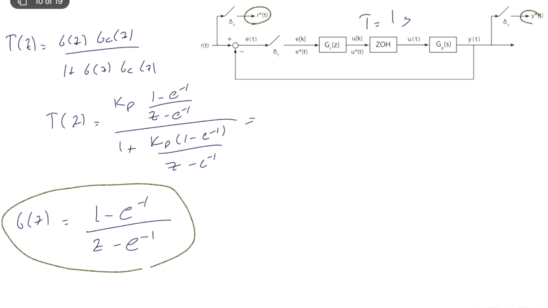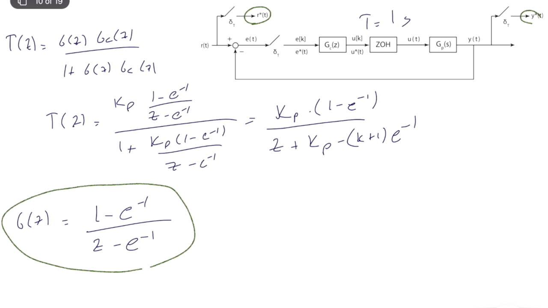Okay, so if I simplify everything, I will find that this is equal to Kp times 1 minus e to the power minus 1, over Z plus Kp minus Kp plus 1 times e to the power minus 1. Okay, that's it. It's kind of very simple, as you can see.